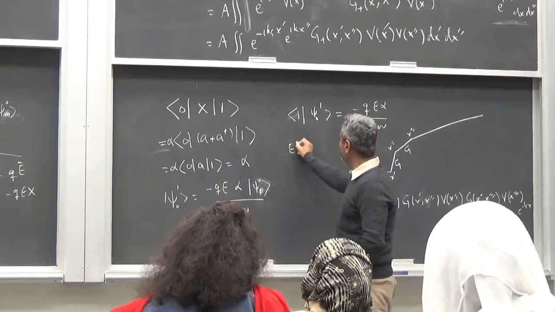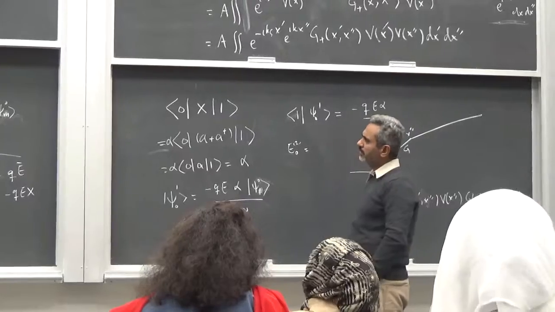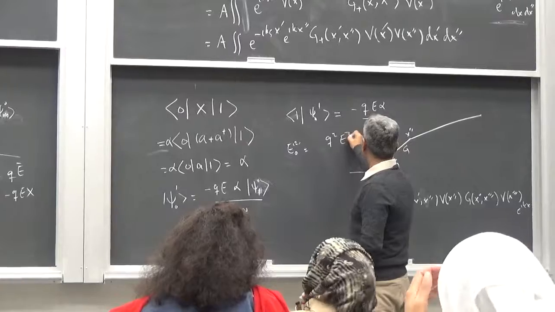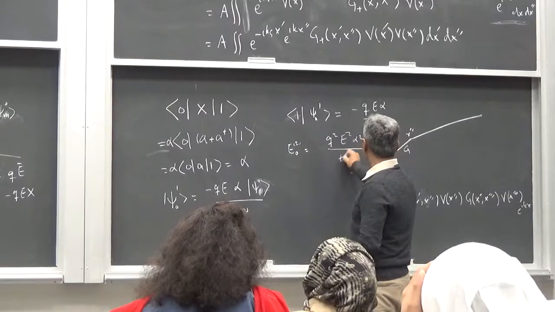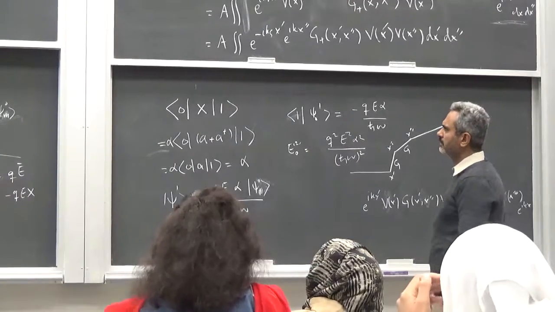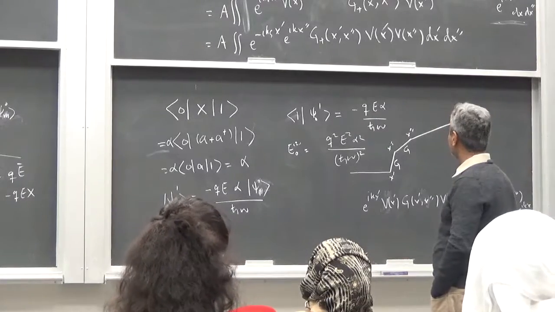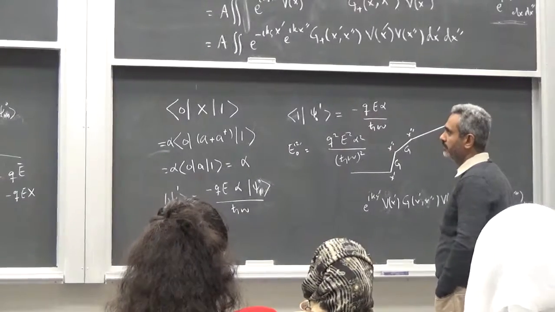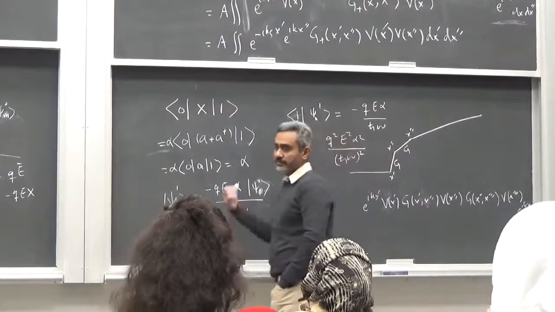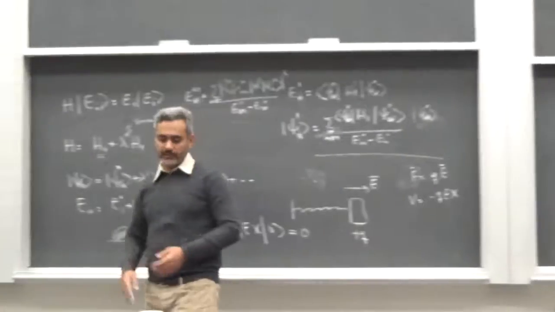So E_0^2 is going to be q squared E squared alpha squared over h-bar omega squared. Does that sound right? Yeah, fine. Maybe there is some mistake somewhere. But that's in principle how to do it. So next time we'll start with the degenerate perturbation.